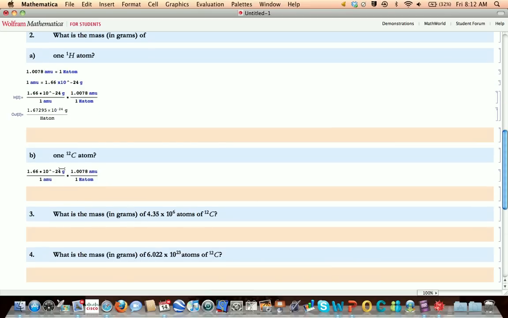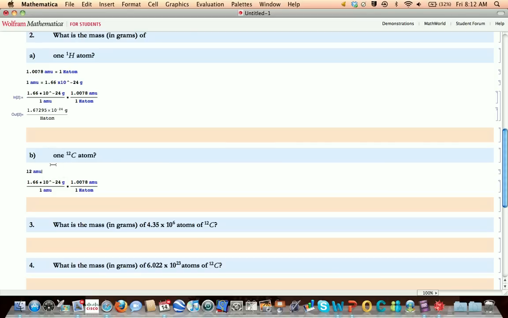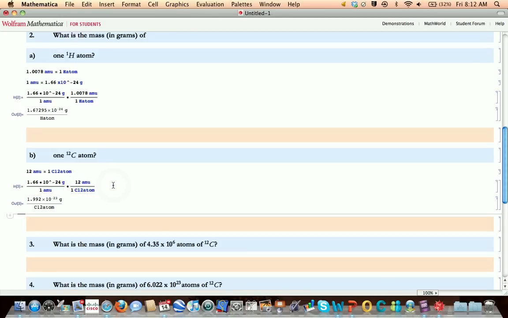So I'm going to remind myself, okay, so 12 AMU equals 1 carbon-12 atom. Let's do it like that. Okay, so let's plug this in. It looks like I would change this to say 12, and I would say 1 carbon-12 atom. Let's see what happens. And there's my mass of a single carbon-12 atom. This time the unit is in grams.